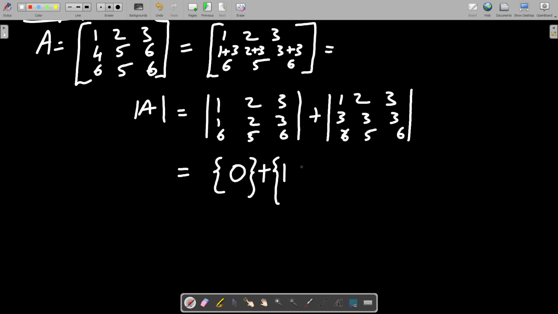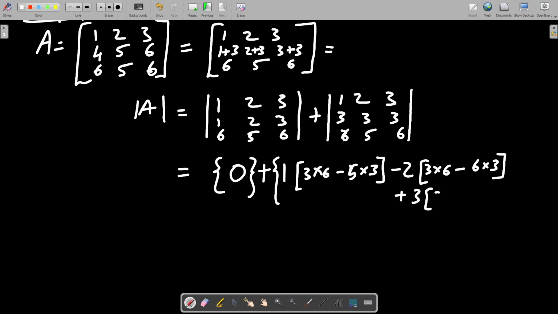Next, this will become 1 into 3 into 6 minus 5 into 3, minus 2 into 3 into 6 minus 3 into 6, plus 3 times 3 into 5 minus 6 into 3.